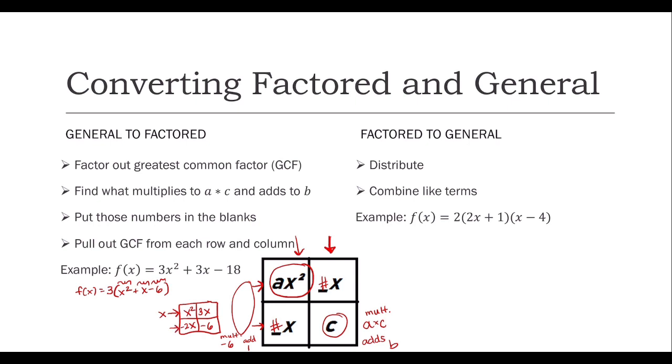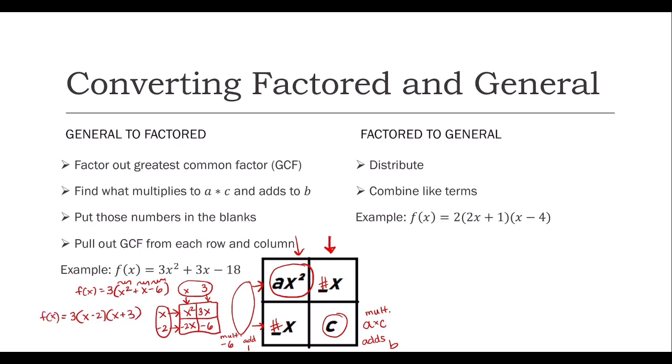From negative 2x and negative 6, we'll pull out a negative 2. Here in our first column, we can pull out an x, and in our second column, we can pull out 3. So this would become x minus 2 times x plus 3. So we have 3 times x minus 2, x plus 3 is equal to our f of x.